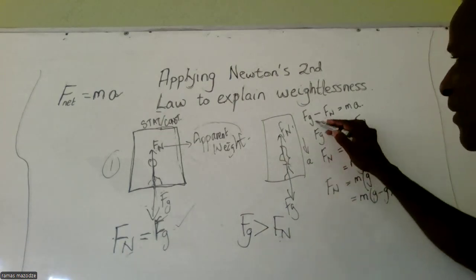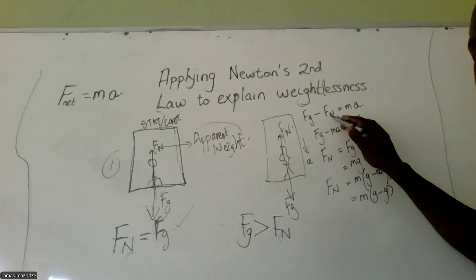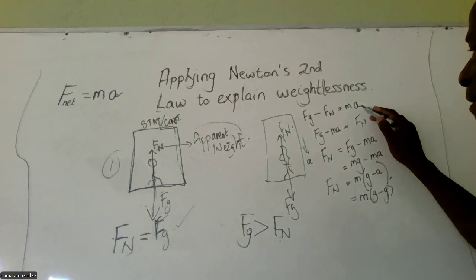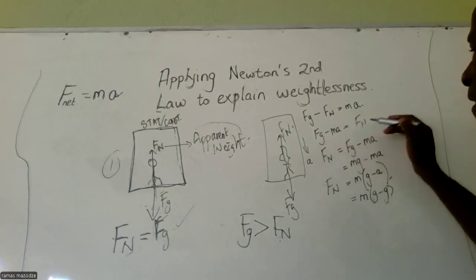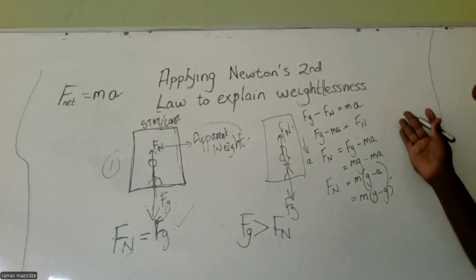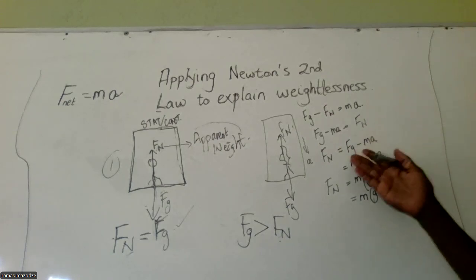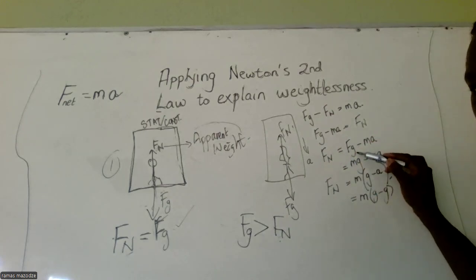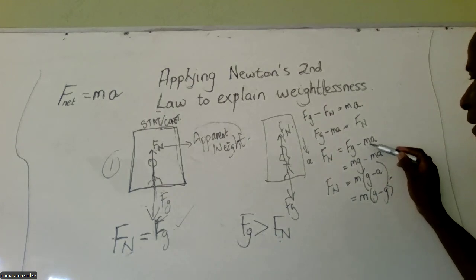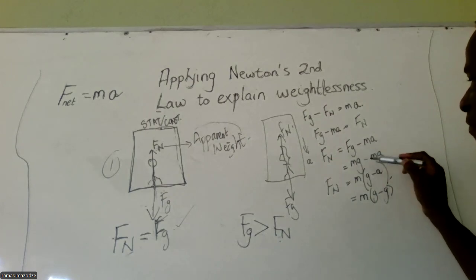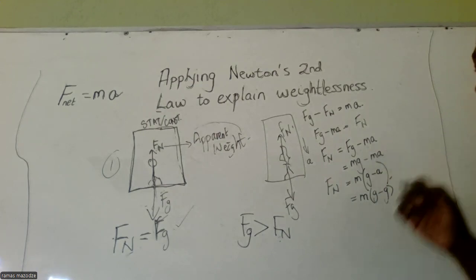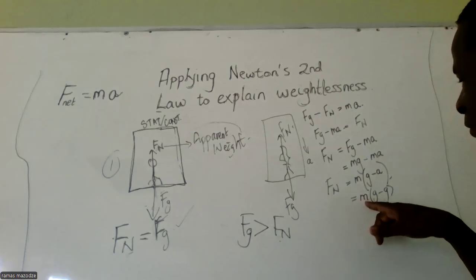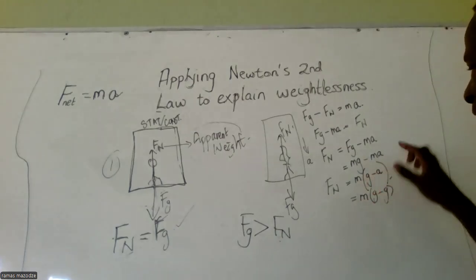Then your net force is Fg minus Fn, because Fg is bigger, equals mass times acceleration. If we make Fn the subject of the formula, you'll see that Fn is equal to the gravitational force minus ma. And the gravitational force is mg. So mg minus ma would be your normal force, which factorizes to m into g minus a.